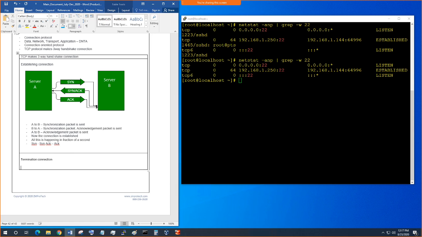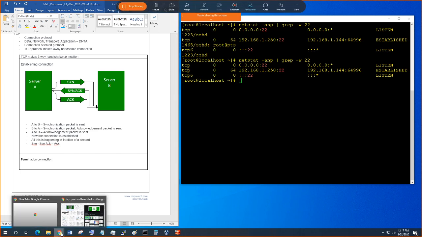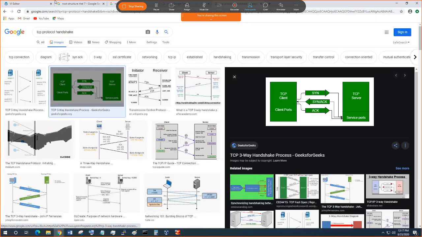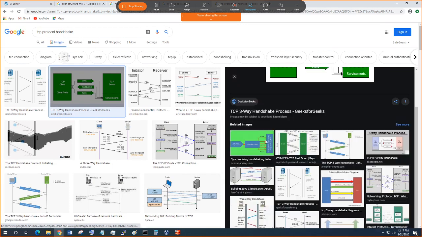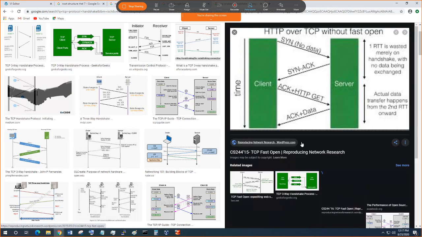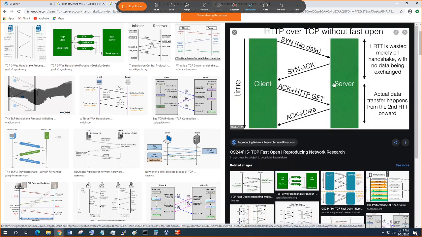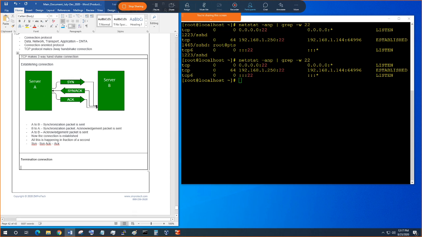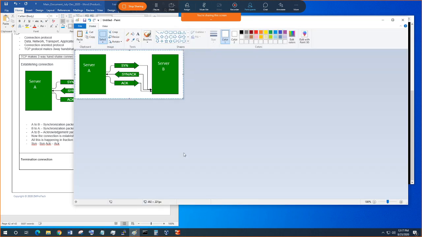So when we are terminating, this is what you see here. Let me bring up my Google here again, TCP protocol. Okay, so what will happen here is, now I have to edit here.